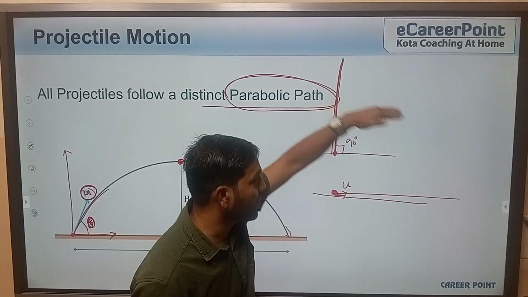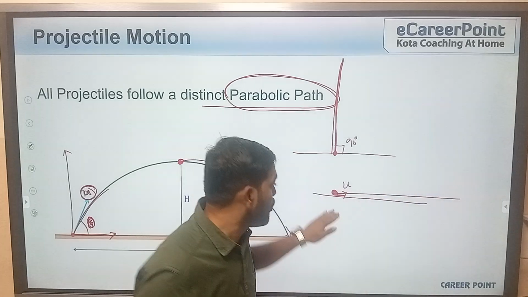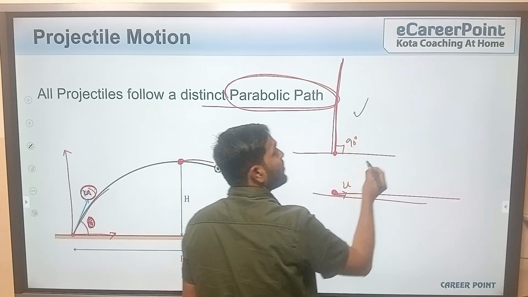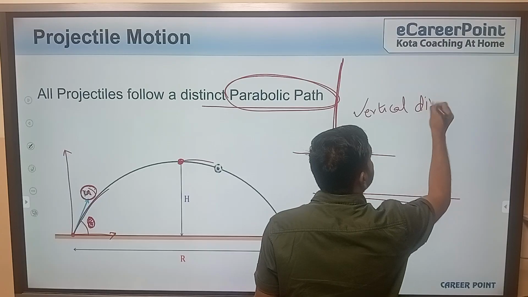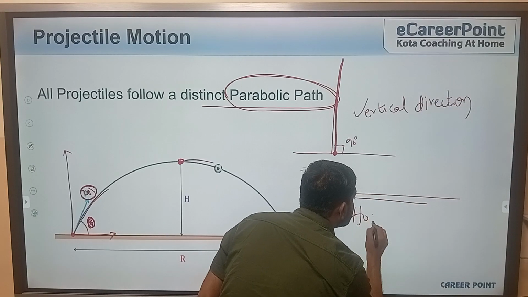It will not move upwards or in any vertical direction. It will move only along the horizontal direction. So here we are going to get only the horizontal direction.